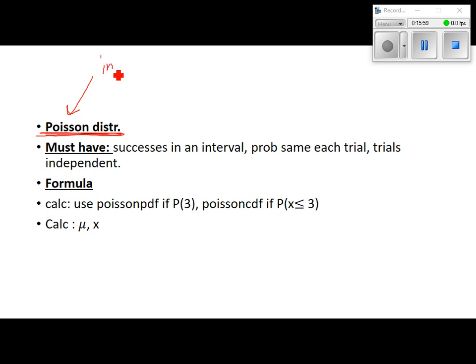So if you see something about an interval, what else might key you off that you have this? What are they going to give you? If you're given mu, or the mean, then you're probably using this guy's distribution.